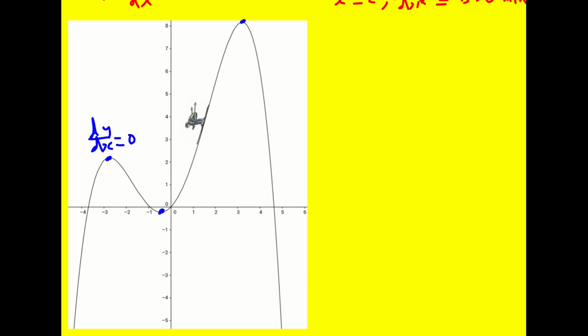Now, what is going on with the graph here? Well, actually, you can see if you're a person, you'd have to climb up. You'd be increasing in height. So this is where the function is increasing, because as x increases, y increases. And the same is going on here.